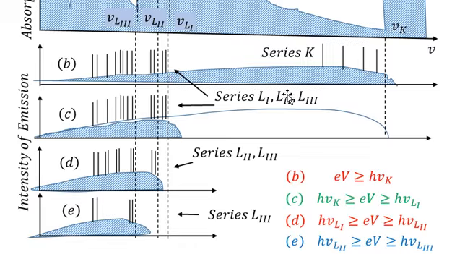Similarly, you can notice that the K series is present in the plot of B, whereas the K series is not present in the plot of C. Similarly, L1 is not present in the plot of L2 and L3. Similarly, in the final plot labeled E, the only series which is present is the L3 series.